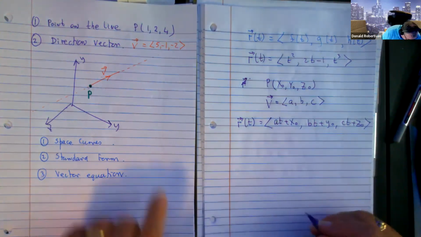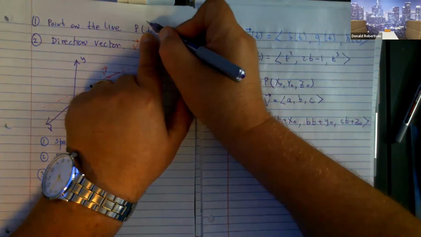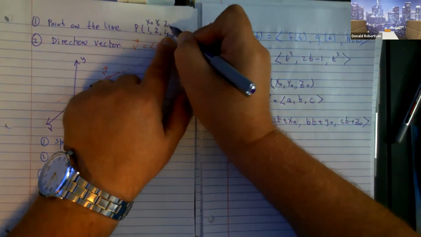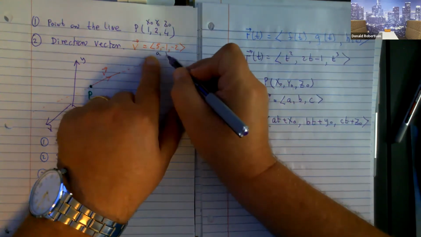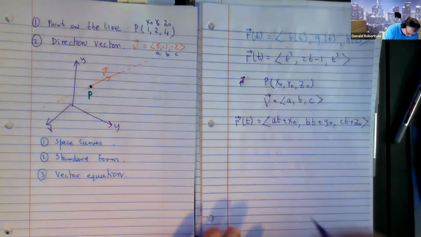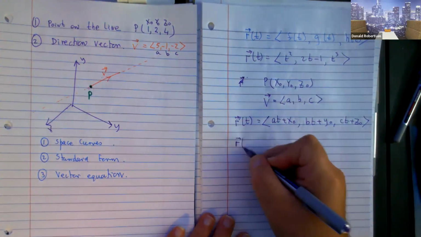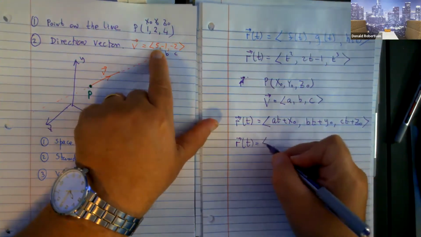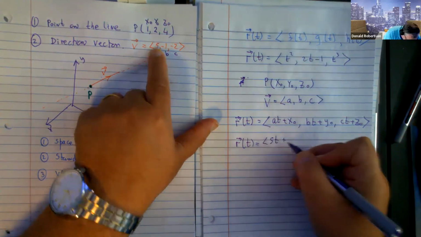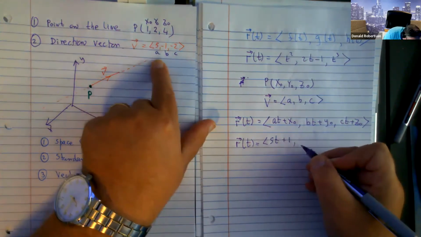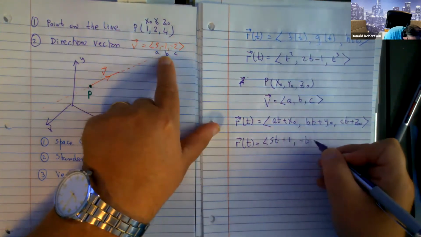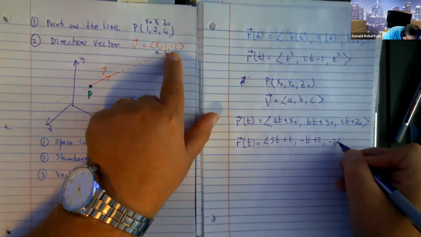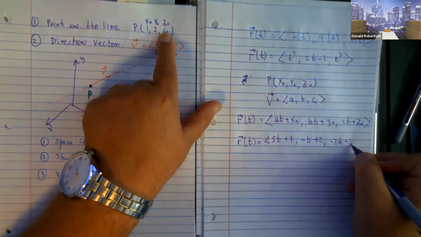So if I gave you the point 1, 2, 4, that's x naught, that's y naught, and that's z naught, and this is going to be A, B, and C, then the space curve for this straight line would be 5 times t plus 1. Then it would be negative 1t plus 2, and then it'd be negative 2t plus 4.